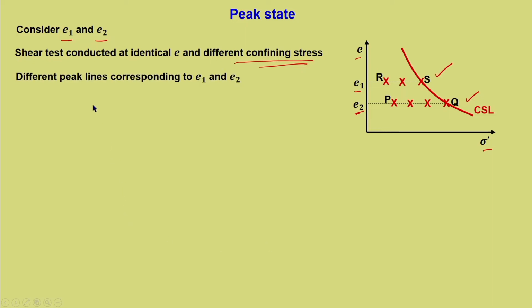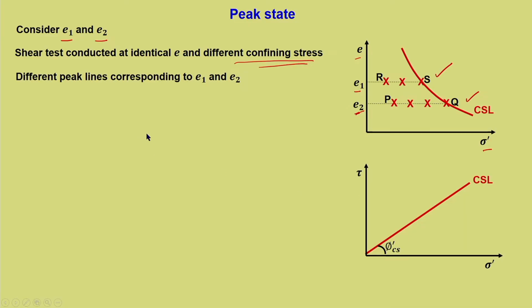Now, different peak lines corresponding to e1 and e2. I hope you remember, or rather you can refer back to module 2, wherein we have discussed this particular aspect, where for a peak you can have 3 different points and there will be a peak line, and this peak line, when fitted using Coulomb's equation, will give the cohesion and peak friction angle.